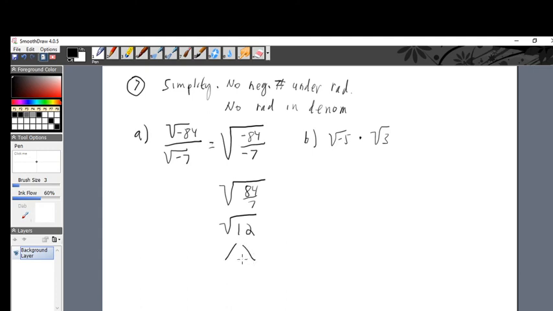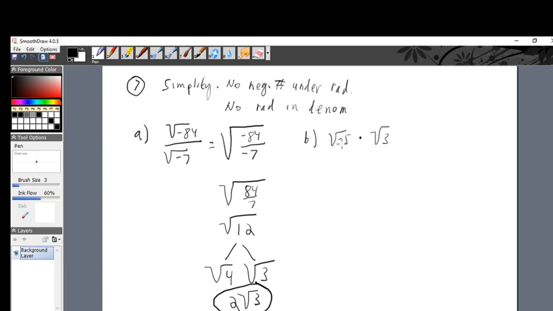I can still simplify it because there is a perfect square that's a factor of 12, and that is namely 4. 4 times 3 is 12. So here's the final answer: 2 times the square root of 3. There's no radical in the denominator, and there's no negative number underneath the radical. So this is the appropriate simplified answer.